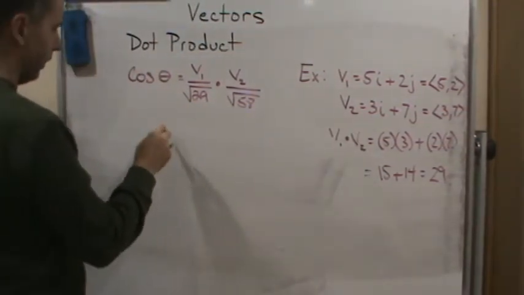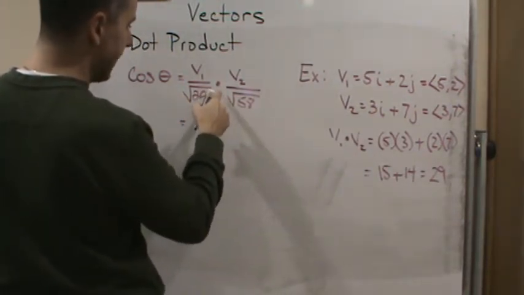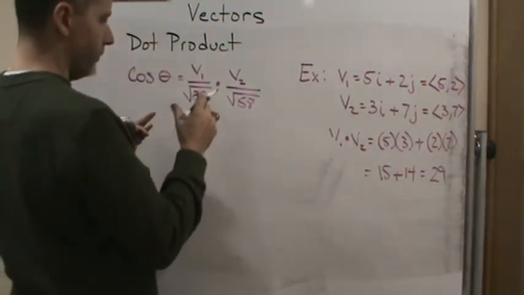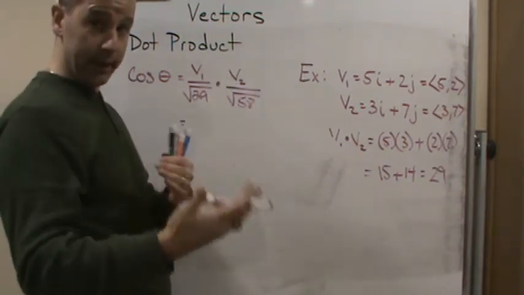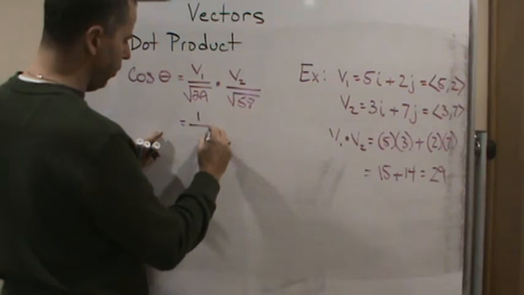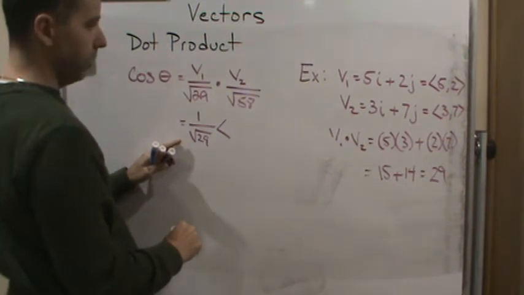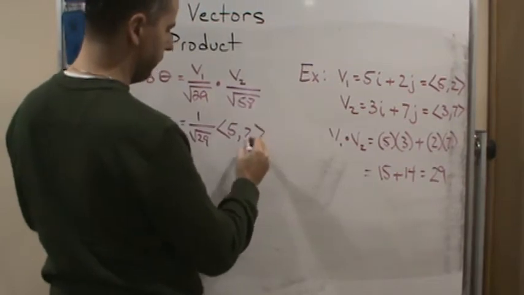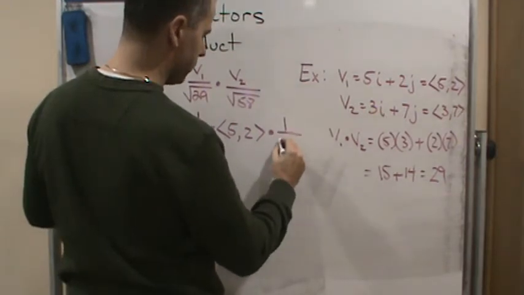Okay, now, I'm going to take this piece here. This is the dot product of these two. Well, what does that mean? It means that I'm going to take the sum of the products of the corresponding coordinates. So, the way I'm going to write this is 1 over the square root of 29 times 5, comma 2, dot product with 1 over the square root of 58 times the vector 3 comma 7.